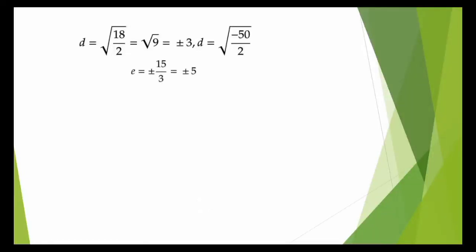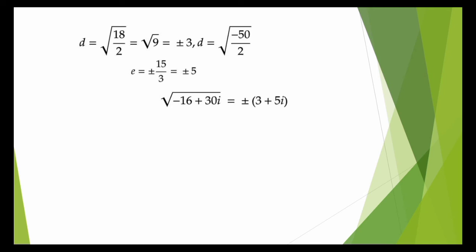For that, the value of e is plus or minus 5. So by plugging d into the equation, we obtain the value of e, which is plus or minus 5. And now we know the square root of the discriminant, which is plus or minus (3 plus 5i).